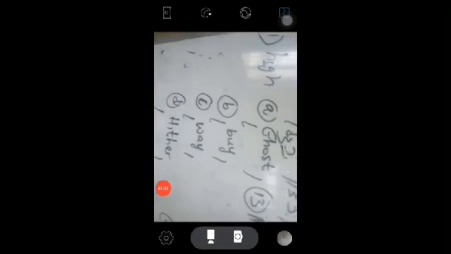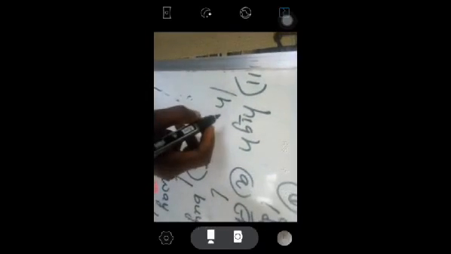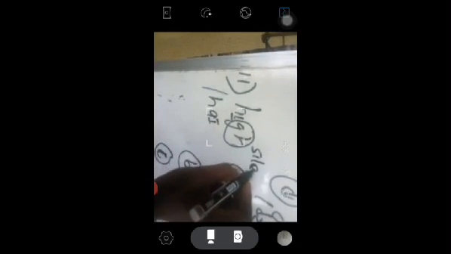For question 11, we can see H-I-G-H. The letter H sounds h, the vowel letter I sounds I, a diphthong, then high. So the G and H are not sounding. They are just silent.